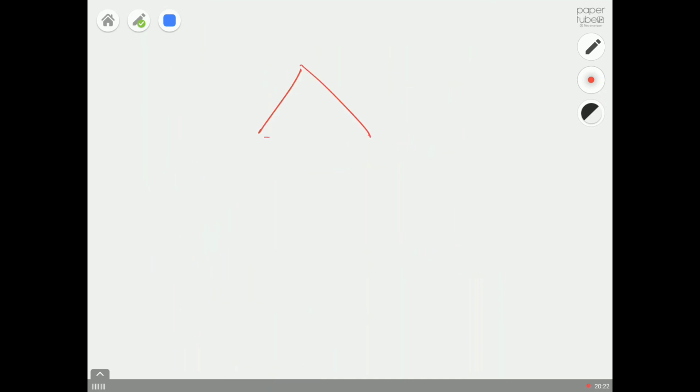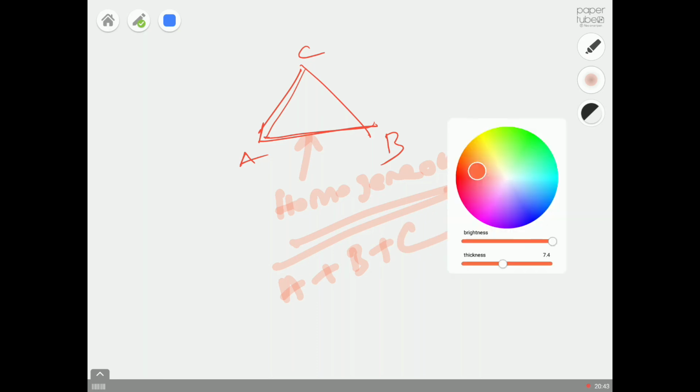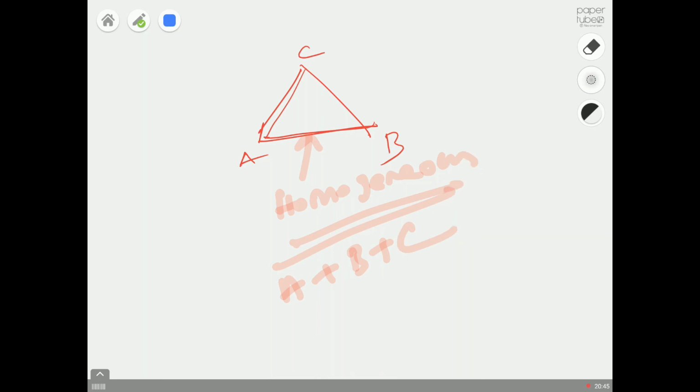Let's put one more system, C, A, B, and just imagine there is no line inside. So what does that mean? Which means this is completely homogeneous. So completely miscible, A plus B plus C, all are completely miscible.